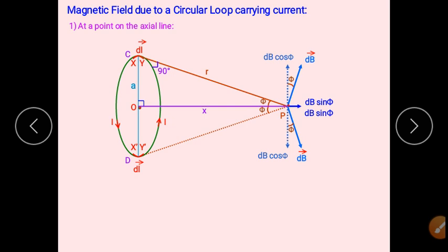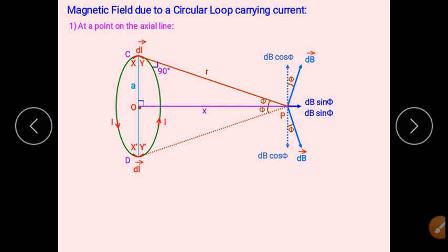But what about the dB cos phi components? These dB cos phi components have the same magnitude because they are produced by identical current elements xy and x dash y dash. But their directions are opposite. Therefore, if you add the cos phi components, you will get 0 because they have equal magnitude but opposite directions. And what is remaining?